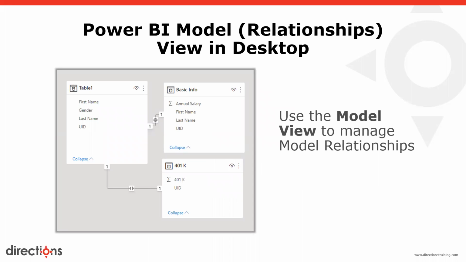Another view is a relationship view. And I'm going to say, show me this view, the model view. And as I have imported tables, I see table 1, basic info, and 401k. These are the 3 tables I have exported into my data model.